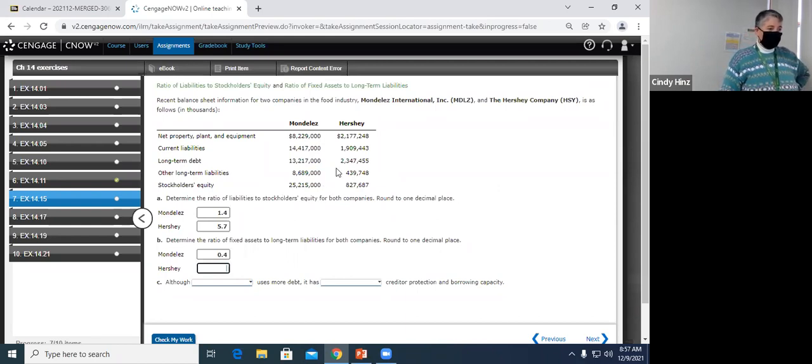If you have not already done the Hershey calculation, please go ahead and do that. Add together the two long-term liabilities and divide it into the net property, plant, and equipment. And round to 1 decimal place.